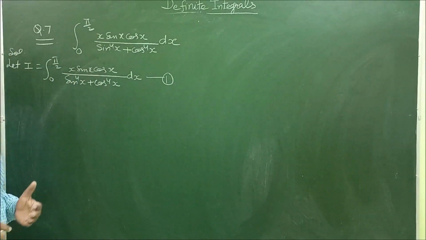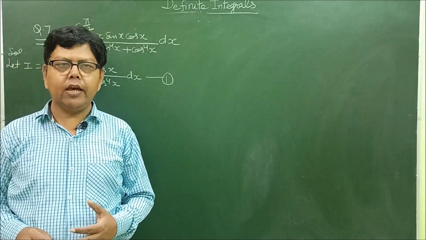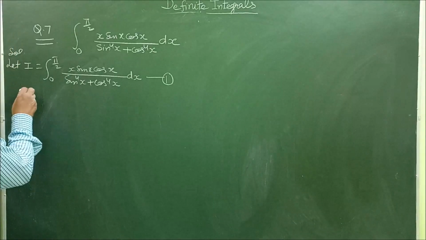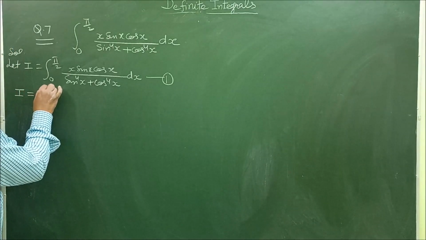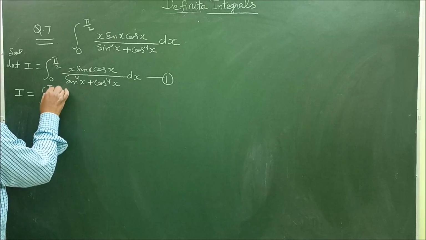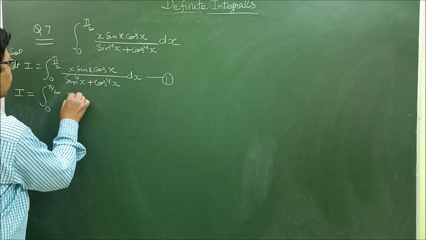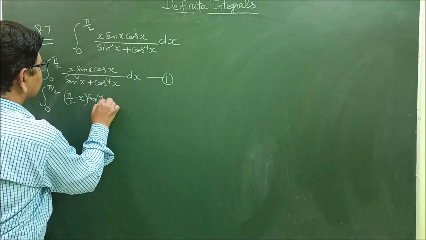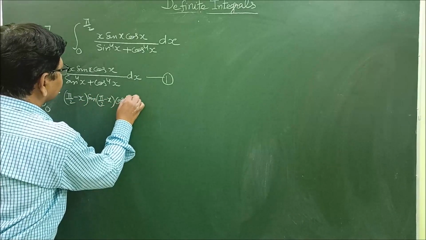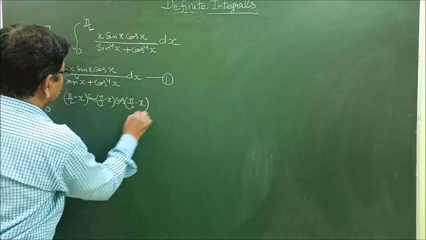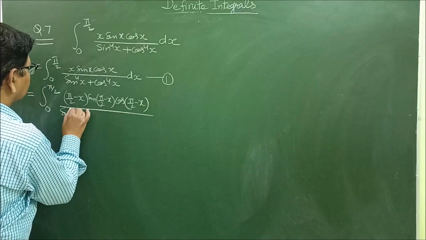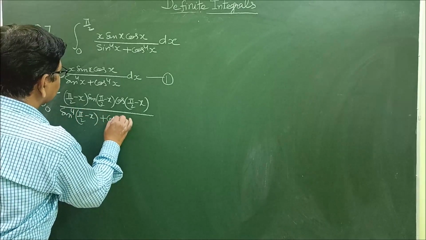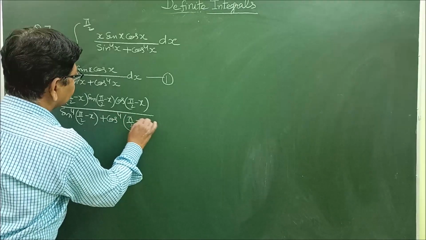Now using the property 0 to a f x dx is equal to 0 to a f a minus x dx, to remove x. Again that value will also be equal to I. 0 to pi by 2, x will be replaced by pi by 2 minus x, sin pi by 2 minus x, cos pi by 2 minus x, upon in the denominator sin raised to the power 4 pi by 2 minus x plus cos raised to the power 4 pi by 2 minus x dx.